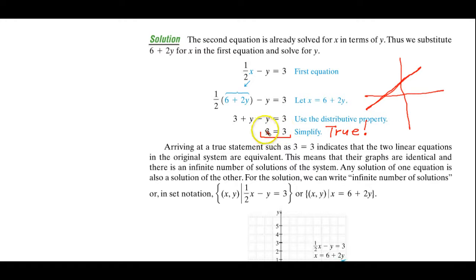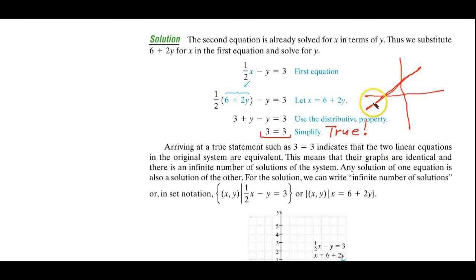Ending up with a true statement tells us that the equations are the same line. So that's what they're saying. So these equations are identical.